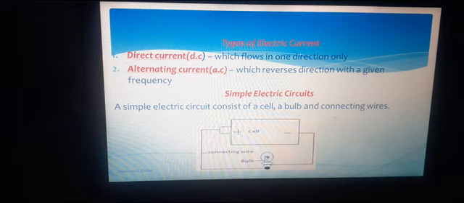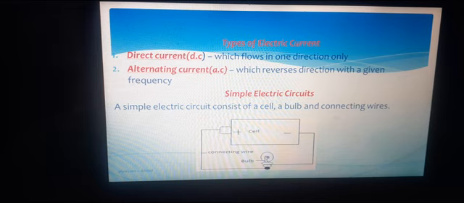Direct current is the one we use from cells, in our torches and in our watches. An example of alternating current is the one supplied in Kenya by Kenya Power.